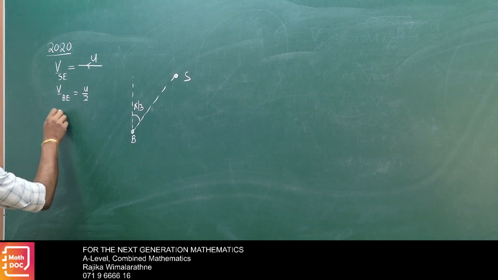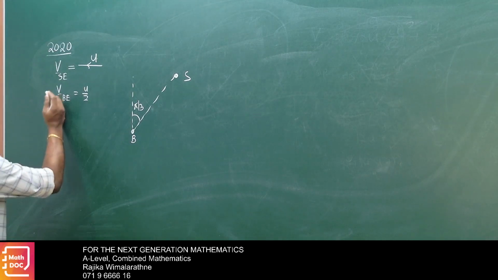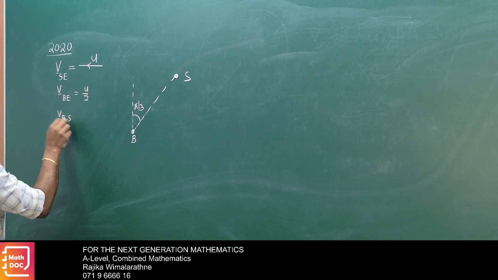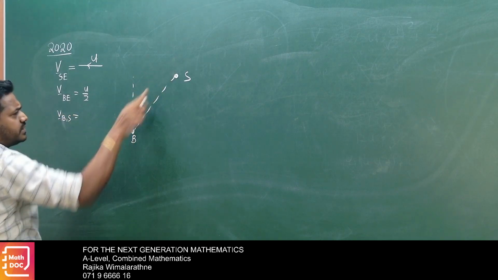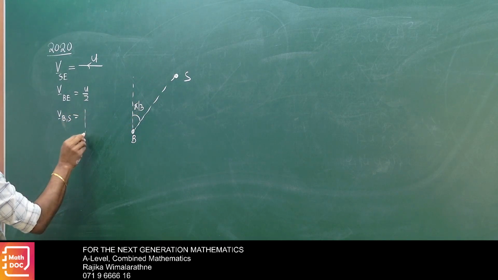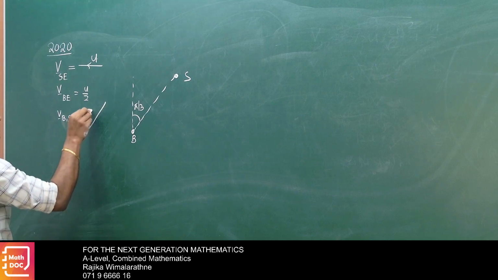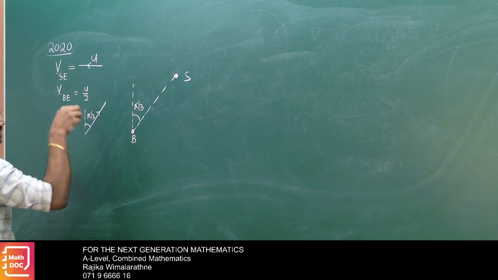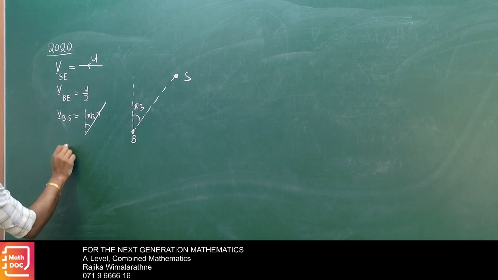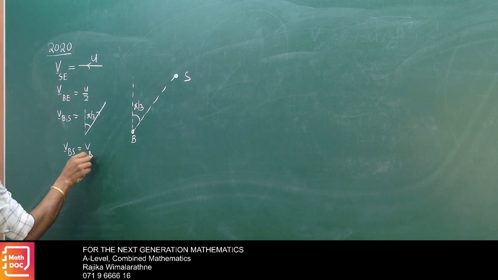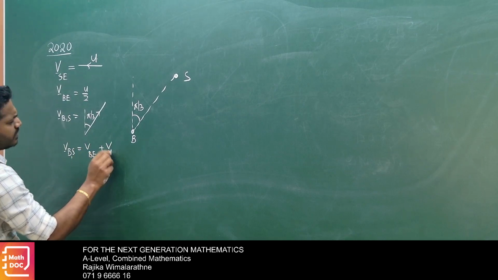Therefore, velocity of boat with respect to ship. So it needs to move pi divided by 3 angle, no, to intercept the ship. Then VBS, relative velocity, BES.